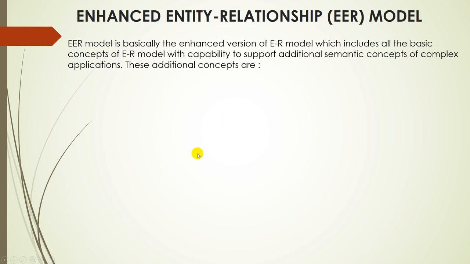Let's see. EER is basically the enhanced version of ER, with all the basic concepts of the ER model and the capability to support additional semantic concepts for complex applications. The additional concepts are specialization, generalization, and categorization.